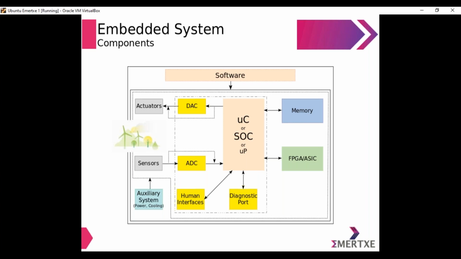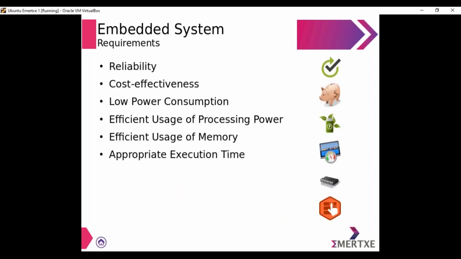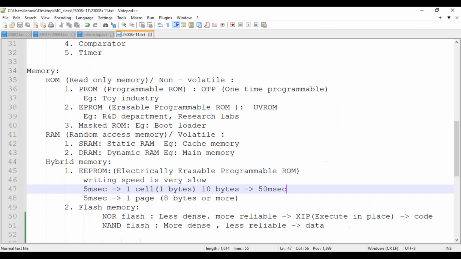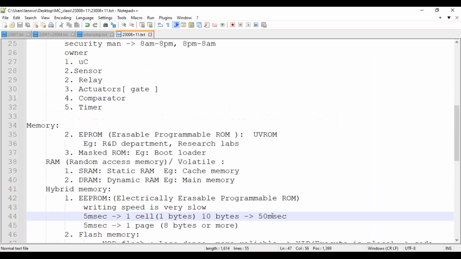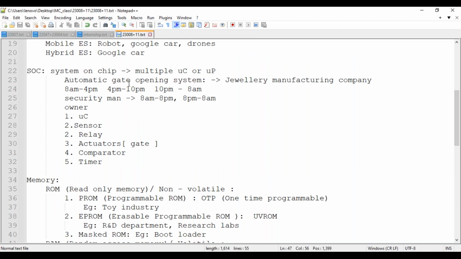The next we have got is the requirements of an embedded system. SoC again is multiple microprocessors. SoC means it will have multiple microcontrollers or multiple microprocessors involved in a single chip. So that is an SoC.